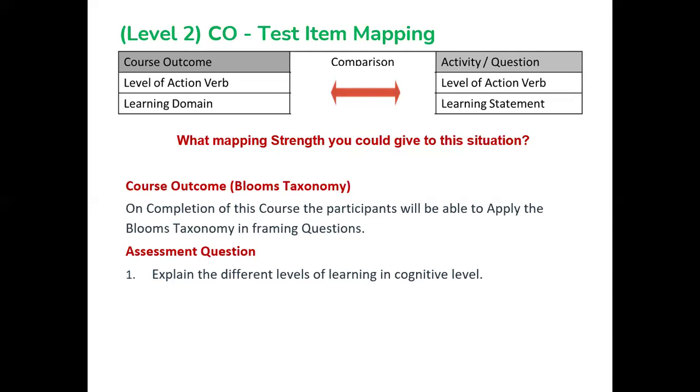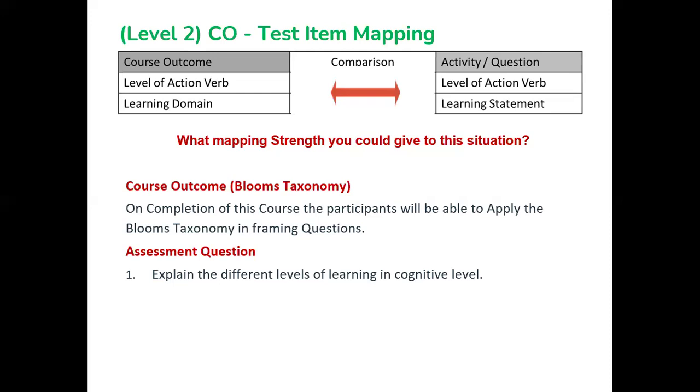That is my outcome. To assess whether this outcome is attained, I was conducting a test, and this is my first question: Explain the different levels of learning in cognitive level. It can be a remember level question, or at maximum, if you ask to explain in your own words with some examples, an understand level question.